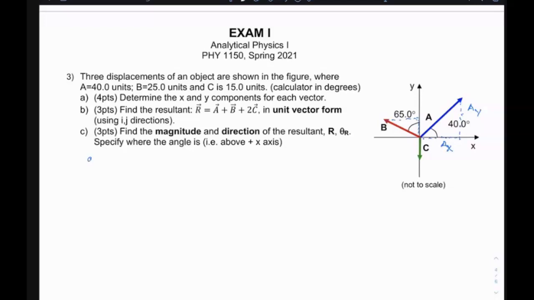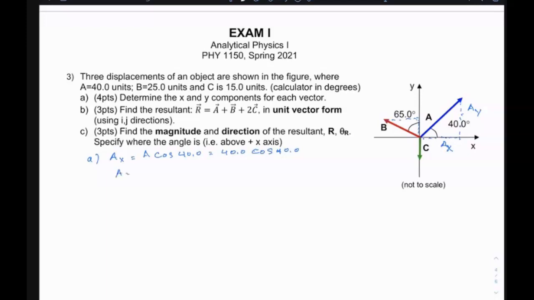So for part A, the x component of vector A is equal to A times the cosine of 40 degrees, and they tell us that A is 40.0 units. So that's how we evaluate A sub x, and it's going to be positive.